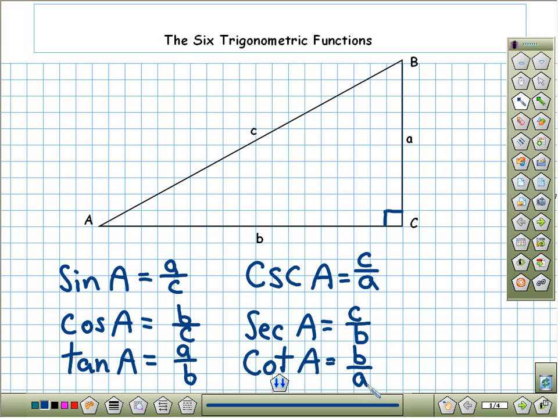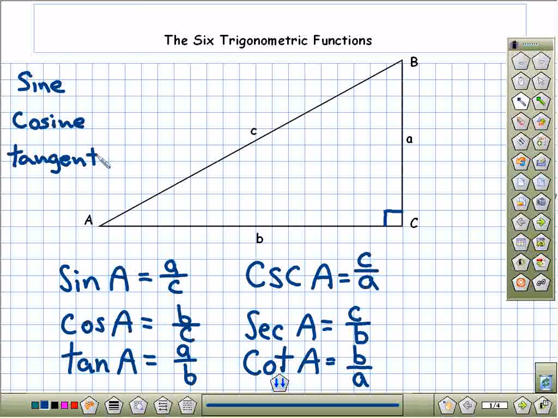So these are just definitions. So here's what we've got here. Notice what we've got. We've got sine, and I'll spell them out up here. We've got cosine, and we've got tangent. Now, sine is going to be the opposite over hypotenuse.